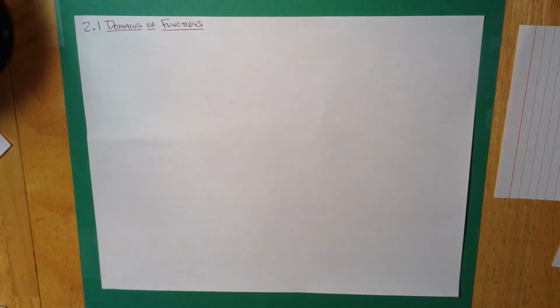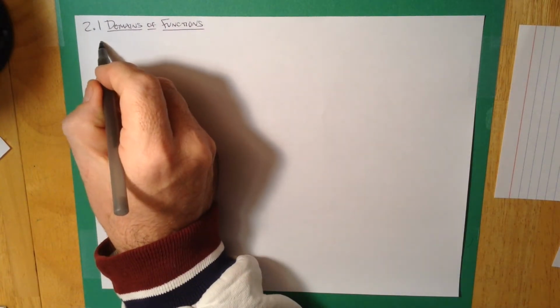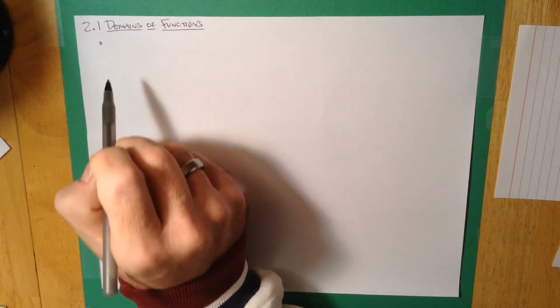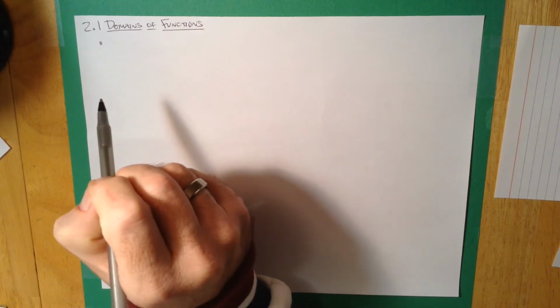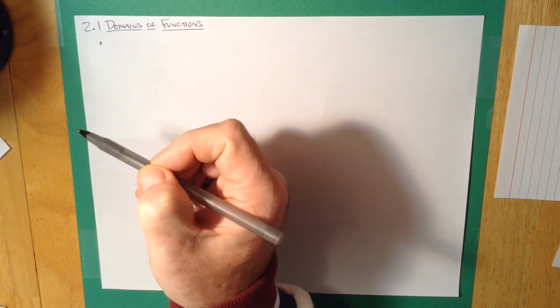Previously, we've talked about domains of algebraic expressions, but now that we're talking about functions, I think it's probably beneficial to revisit this and talk about it again. When we're talking about domains, what we're saying is that in some cases, there are particular values of x that we cannot allow to be used in a function because there are just some things in mathematics that you cannot do.